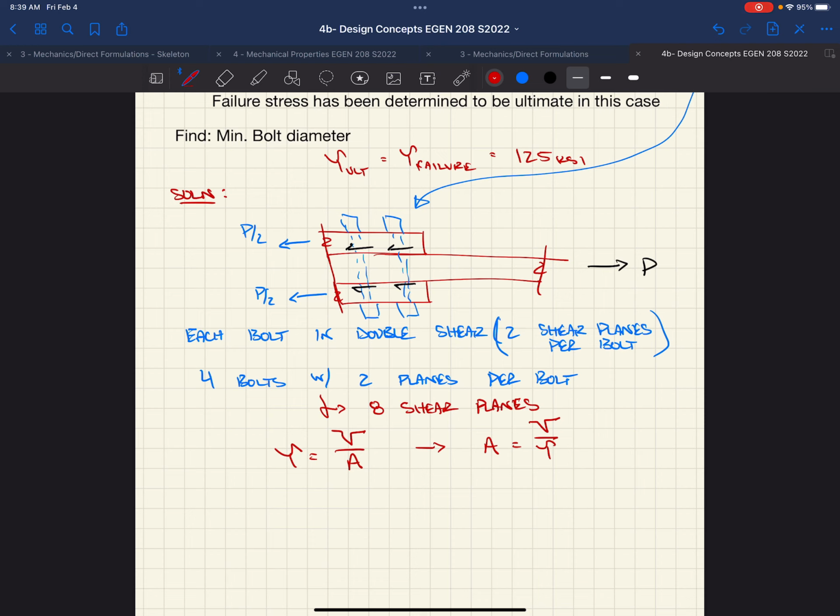So the load on each of our bolts' shear planes would be the total load divided by the number of shear planes. V equals P over 8. That would be 200 divided by 8. That equals 25 kips.